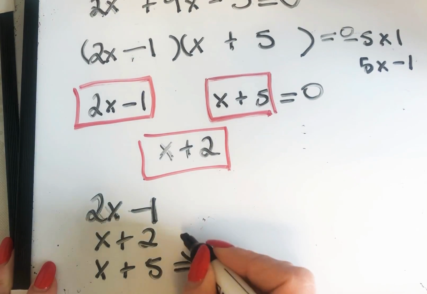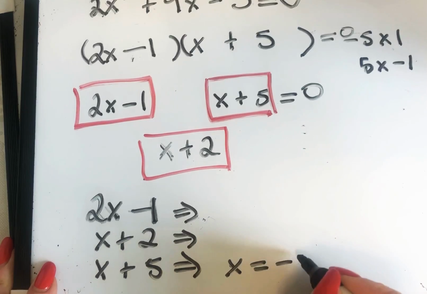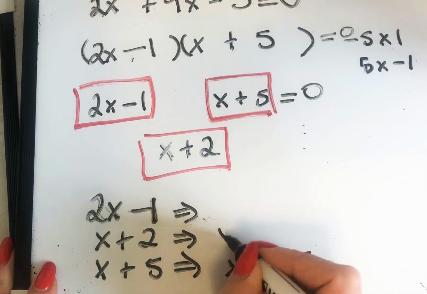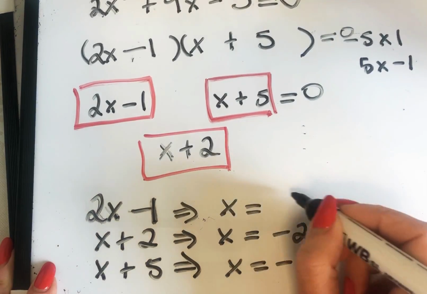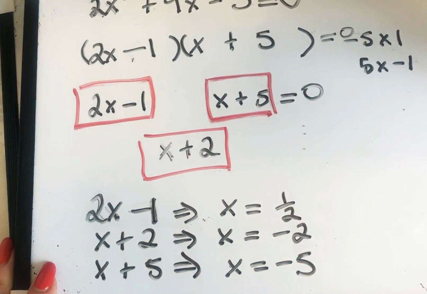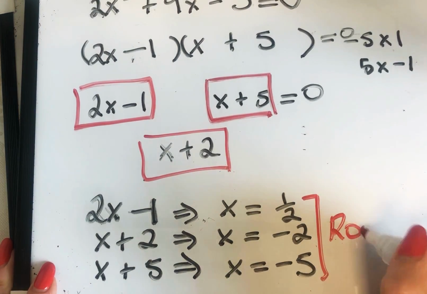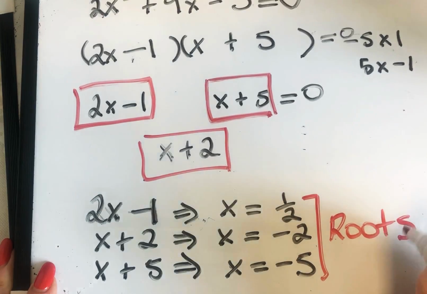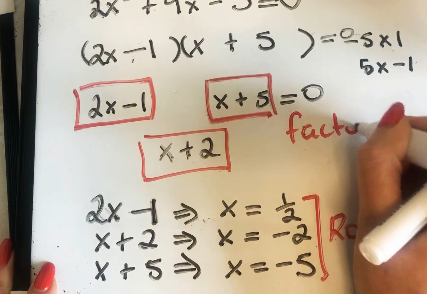This implies that x will be equal to minus 5 as a root, x will be equal to minus 2 as a root, and x will be equal to 1/2 as the other root. So these are our roots, and these red boxes up here are our factors.